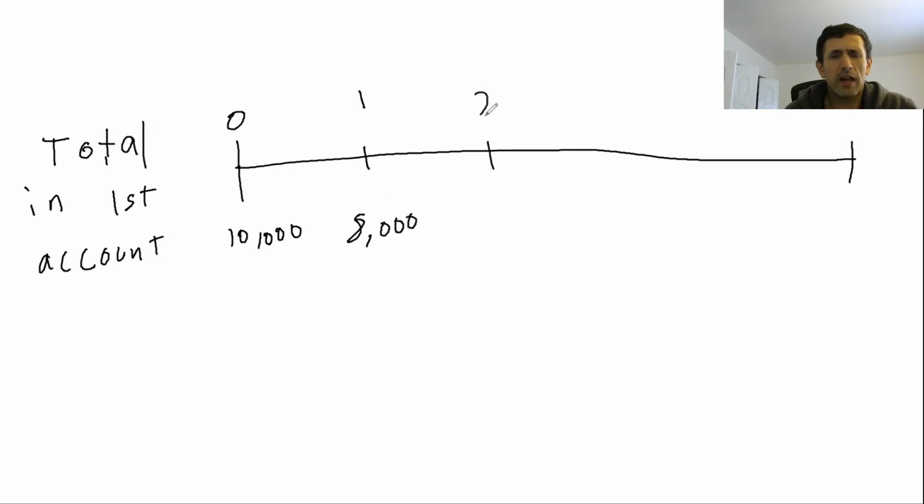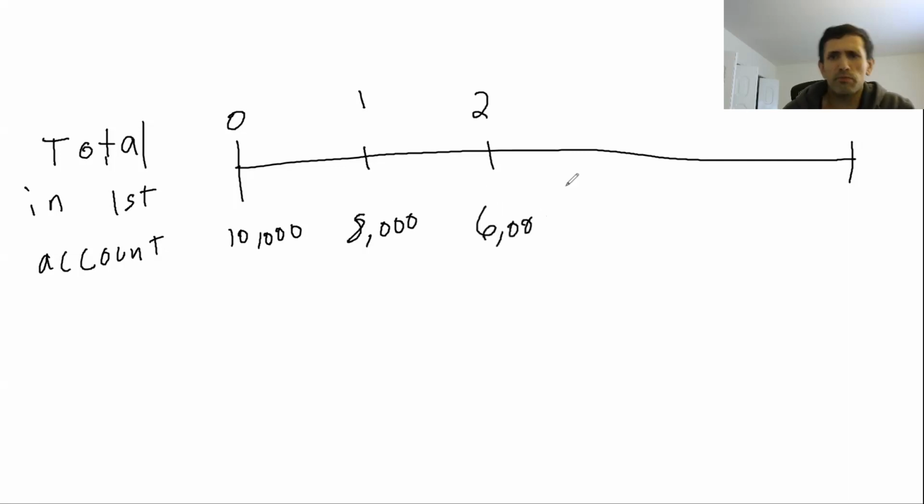Okay, now let's do this again. Whatever interest is earned from year 1 to year 2, you're withdrawing that and an additional 2,000. So you're chipping away at this principal, 8,000, by 2,000.